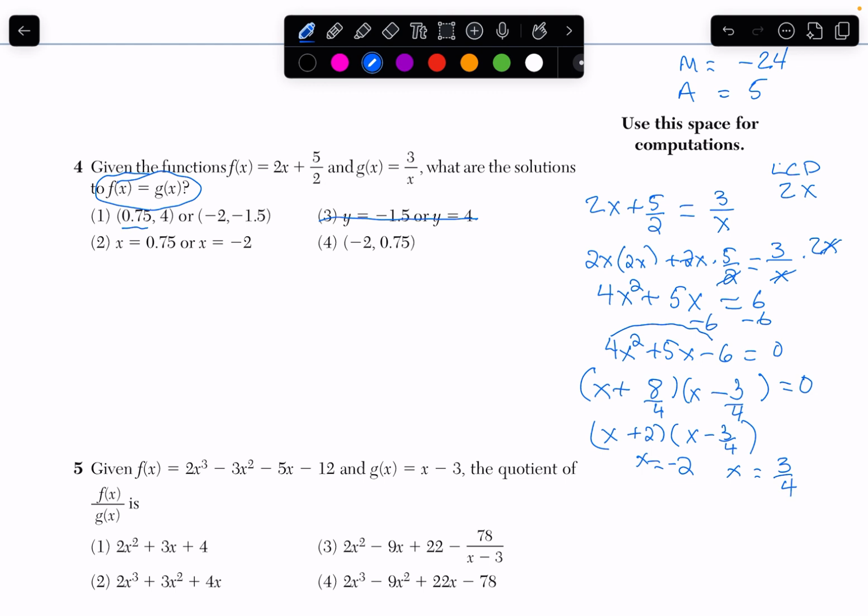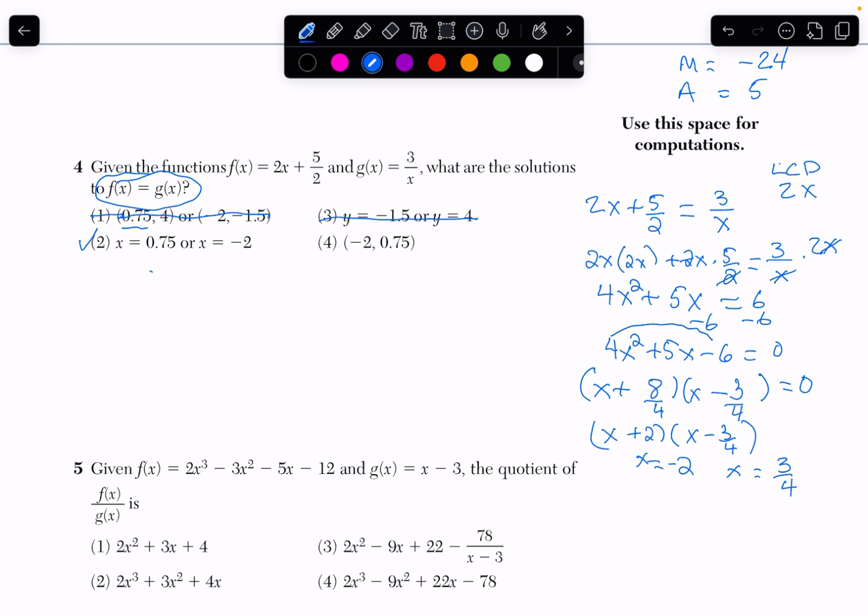So we have negative 2 and 3/4. So number 1 is no good, right? Number 2, it definitely could be number 2, okay? And that's about it.